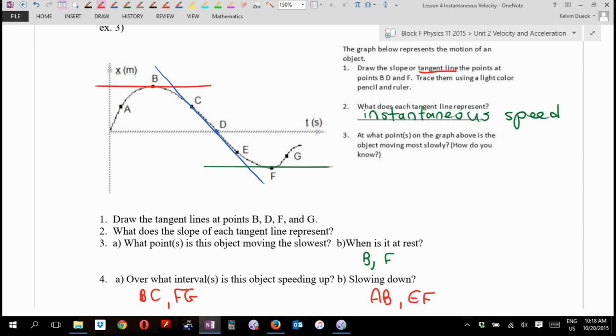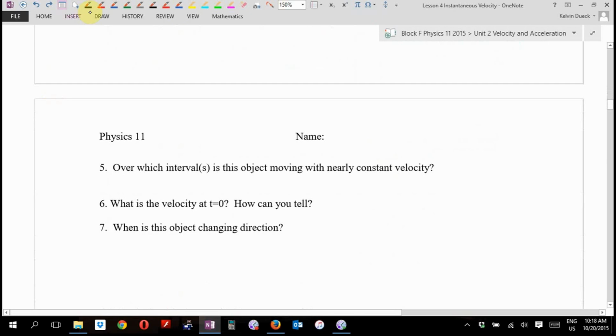Can you see it? I heard someone said it, yeah. CD, in fact, I might even argue almost CE, isn't it? Pretty close. So I'm going to actually go one step further. I'll say, how about C, D, E? I think that whole thing, you're going at a pretty steady speed.